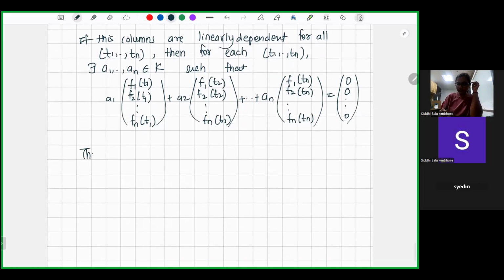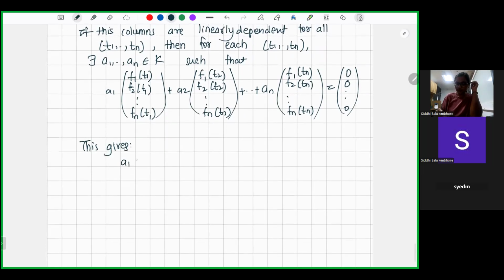So this gives A1 Fi T1 plus up to An Fi Tn is equal to 0, right? For each row.